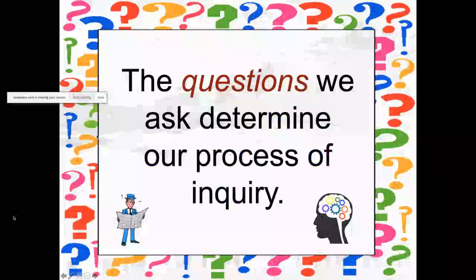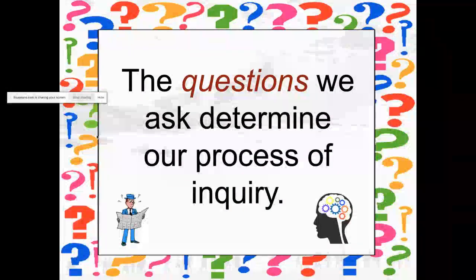Okay. So the questions we ask determine our process of inquiry, and this is all about an inquiry process. I'm not at all proposing that we need to be telling students, this is good, this is bad, you're right, you're wrong. What we need to be doing is building the skills for them to be able to question and reason, ask ethical questions, and find deeper ways of making sense of the information that they're getting all the time, so that they're going to want to do this on their own.